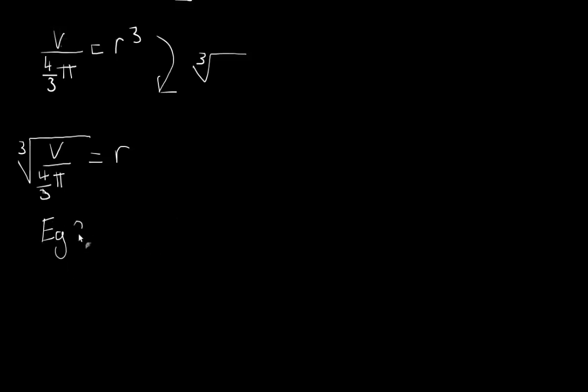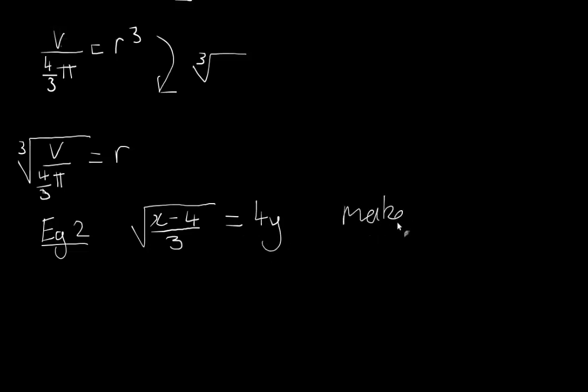So example 2. For this one, we're going to go with the square root of x minus 4 divided by 3 is equal to 4y, and we're going to make x the subject.